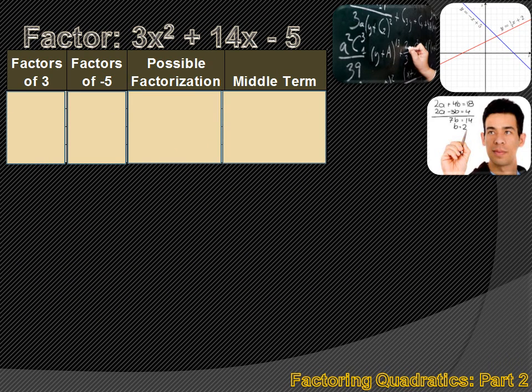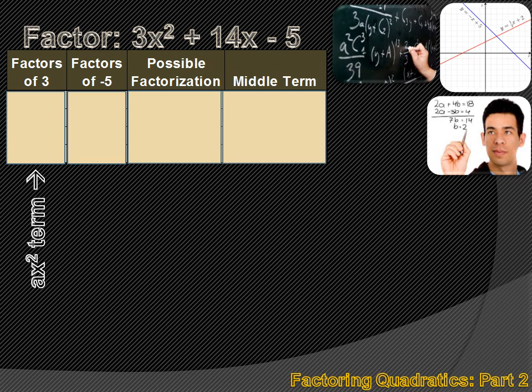There's another more systematic and thorough way to factor an equation, and that's by creating a matrix and listing all the possibilities. So let's factor 3x squared plus 14x minus 5 using a matrix. You can see I've got one column for factors of 3, and that's my a term.